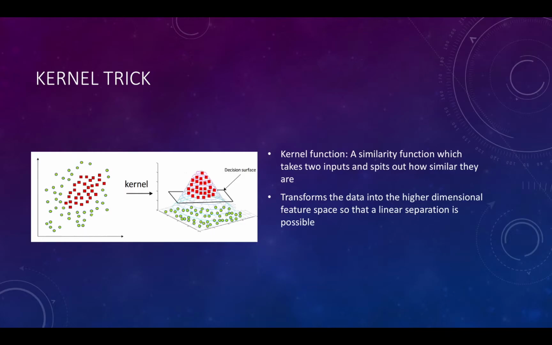First, we transform the data into a higher dimensional feature space so that linear separation is possible. Now, for the data points like the left diagram, when we apply the kernel function, it will turn into a three-dimensional diagram. And then we can use the hyperplane to split those two groups of data.